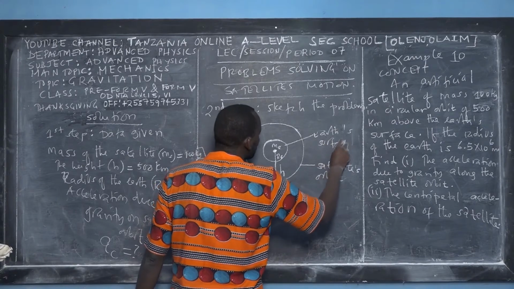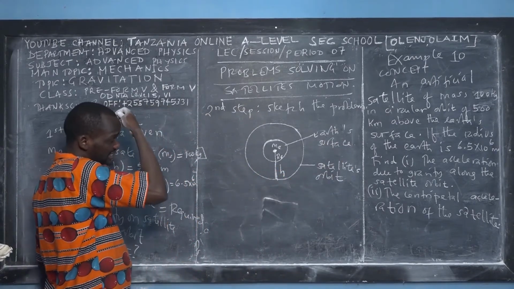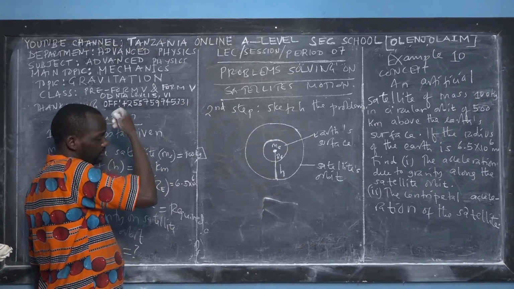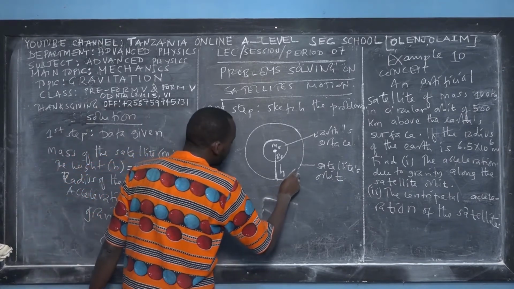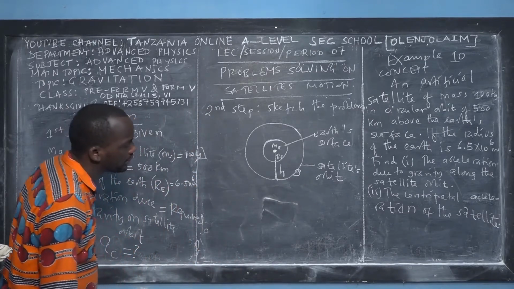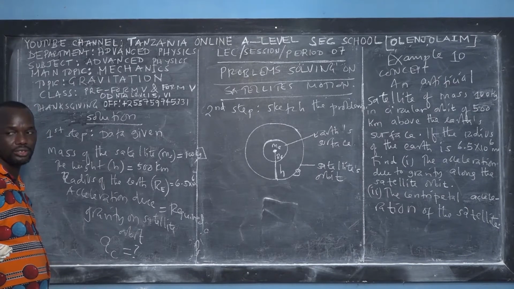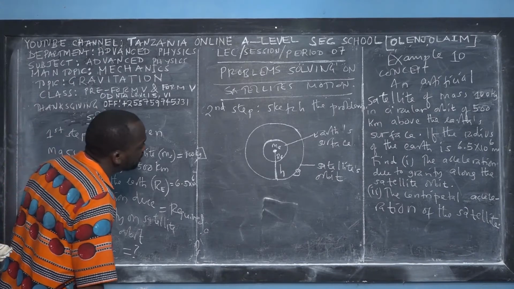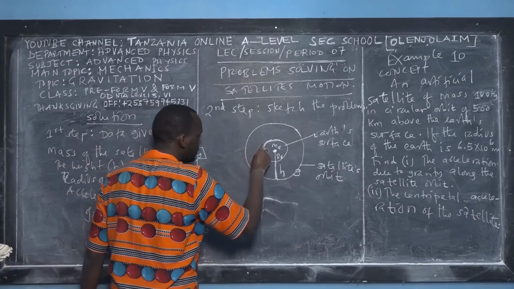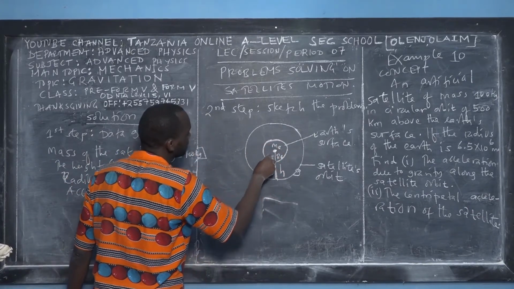So our intention is to find the acceleration due to gravity along the satellite orbit. That's what we've been asked, not on the Earth's surface.